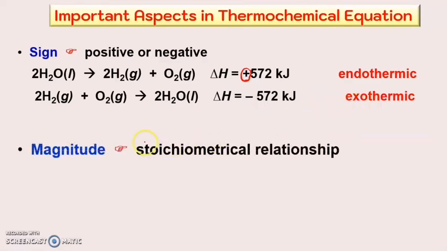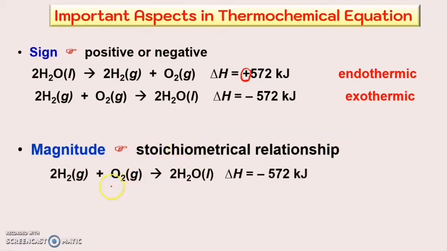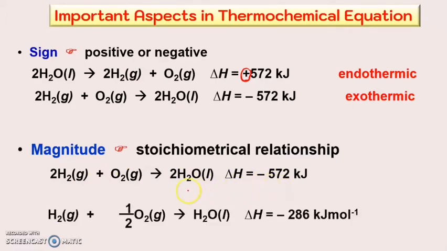The second aspect is about the magnitude, which we can relate with the stoichiometry of the equation. For example, I have 2H2 gas plus O2 gas produce 2H2O liquid with delta H equal to negative 572 kilojoule. Now, I change the equation which I make it half.